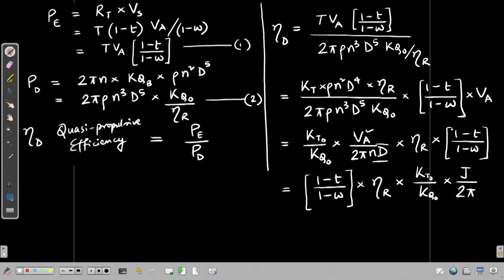So, here we can think of 3 terms. The first term is this ratio, the second term and the third term here. Now, (1 minus thrust deduction) by (1 minus wake fraction) is denoted as eta H, which is hull efficiency.